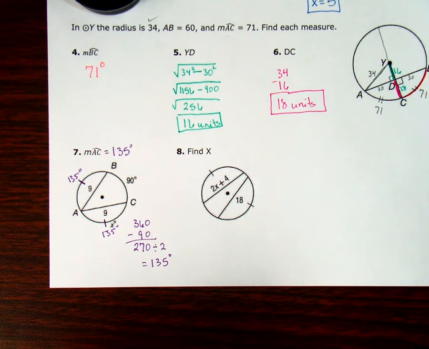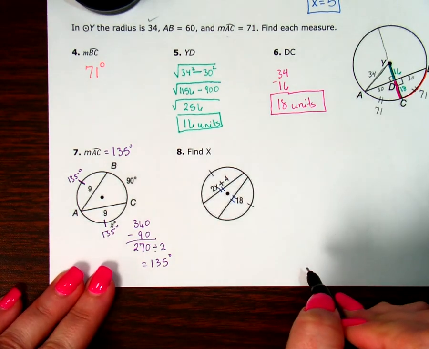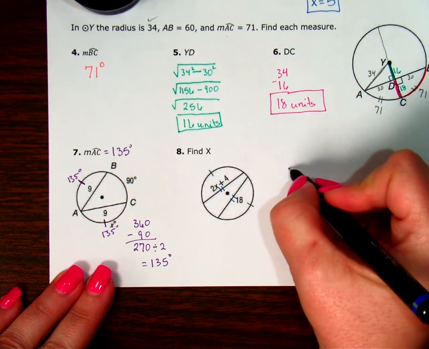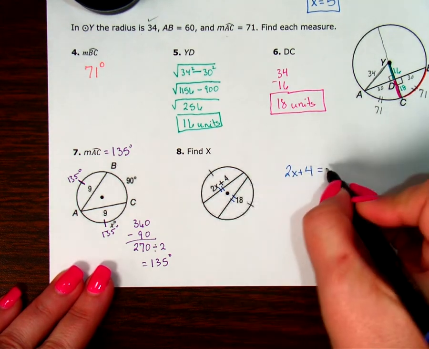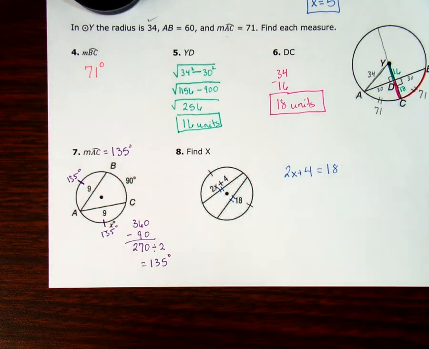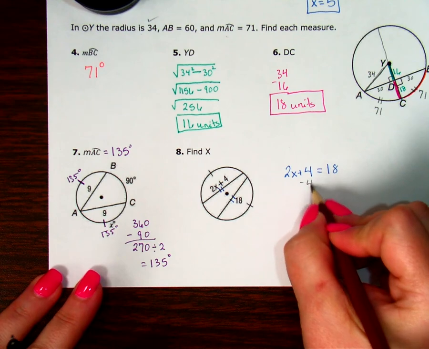Okay, and then the last one. I have this circle where I can see this arc is congruent to this arc. That means the chords that intersect those arcs are equal. So this 2x plus 4 must be equal to the 18. All right, that's all the geometry involved in this problem. The rest is algebra.